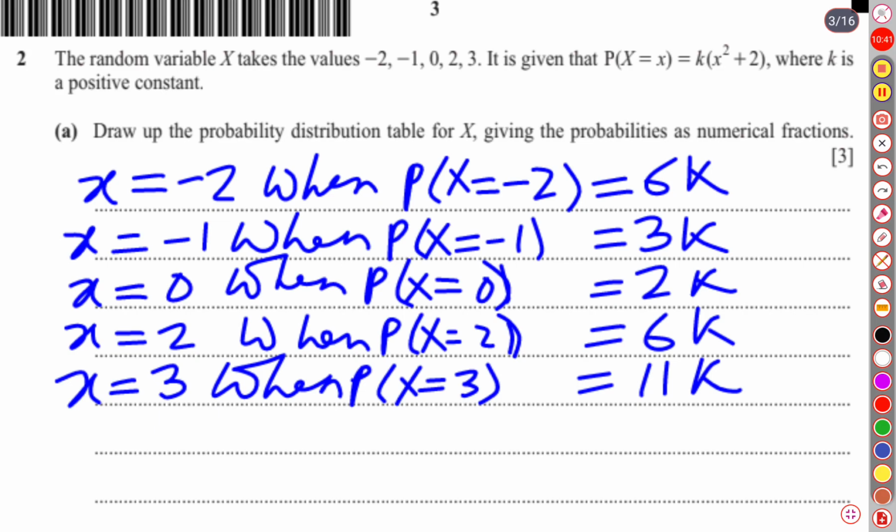We don't know the value of k, but we know one concept, that the sum of all probabilities will be 1. So let us add up all the probabilities: 6, 3 is 9, 9 plus 2 is 11, 11 plus 6 is 17, plus 11 is 28, so the total probability is 28k.